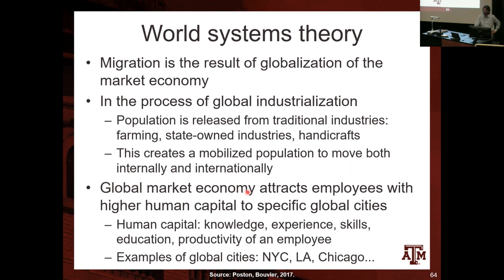The global market economy attracts employees with higher human capital to specific global cities, and high human capital here can be measured by different indicators. Knowledge, which is related to education; experience in the labor market; skills for the job market, which is related to training, education attainment, and productivity. Whenever we don't have such refined information to measure human capital of people, we usually use how many years those people work in the labor market and education attainment.